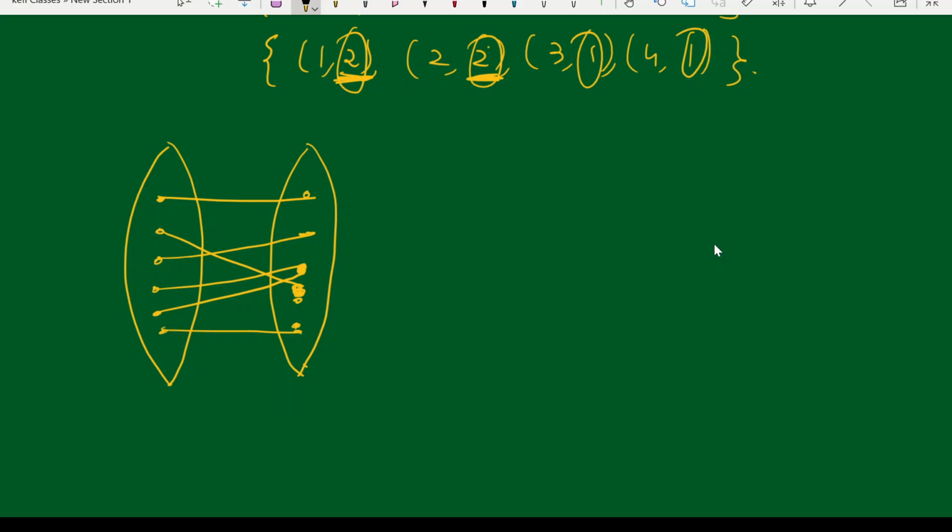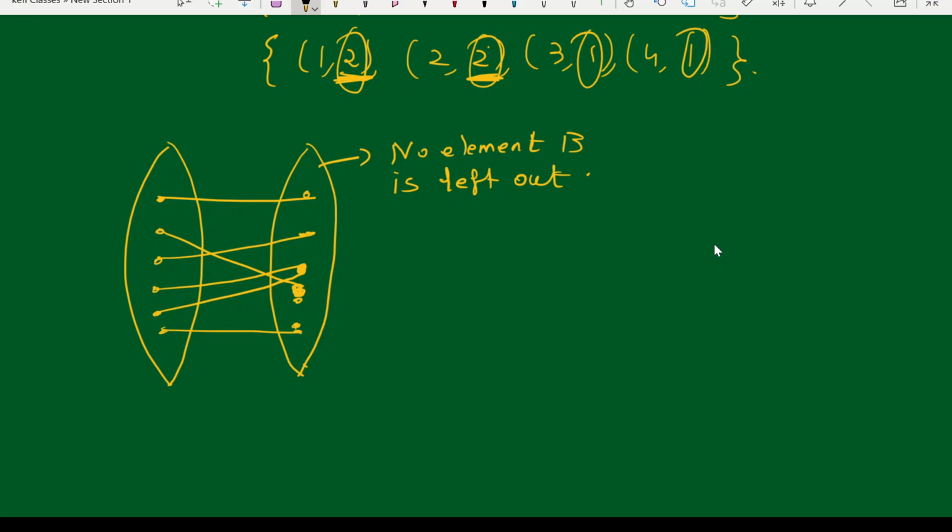Does this diagram represent a function? Yes. Okay. Is it 1-1? No, it's not 1-1. Okay, but it is a function. But this function, can you see any element in B? No element in B is left out.